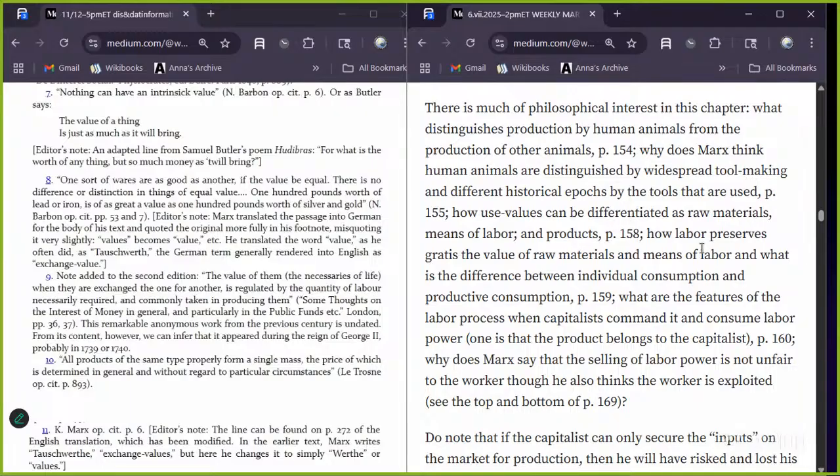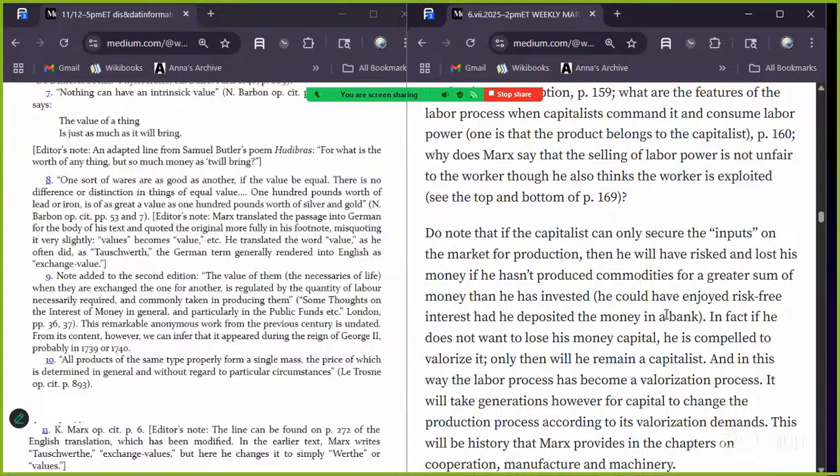Why does Marx say that the selling of labor power is not unfair to the worker, although he also thinks that the worker is exploited? The top and bottom of page 169. Do note that if the capitalist can only secure the inputs on the market for production, then he will have risked and lost his money if he hasn't produced commodities for a greater sum of money than he has invested.